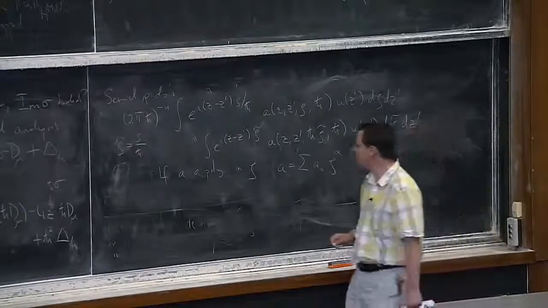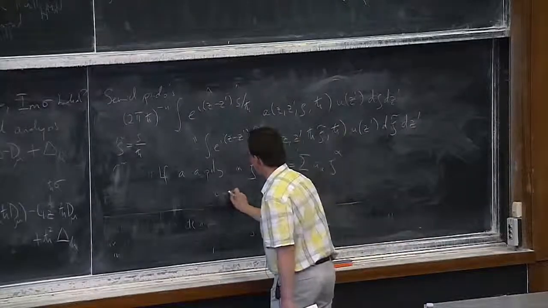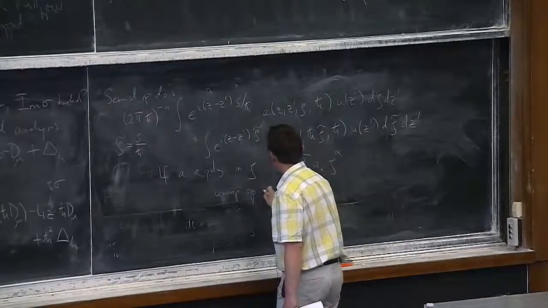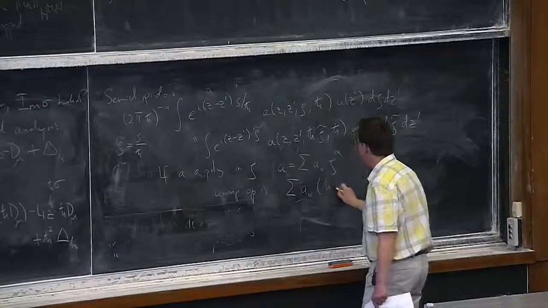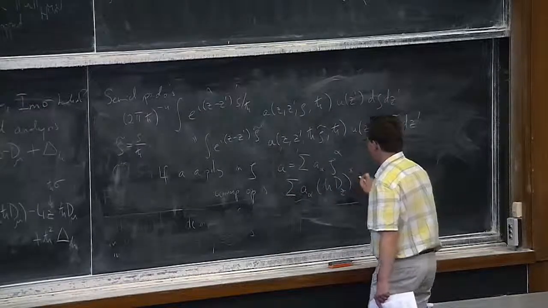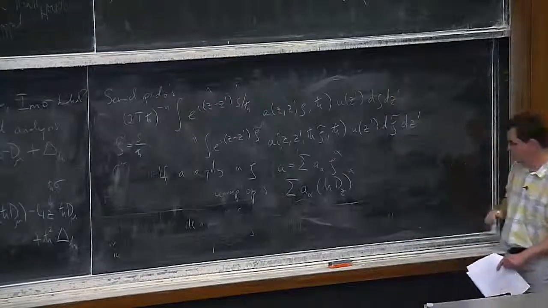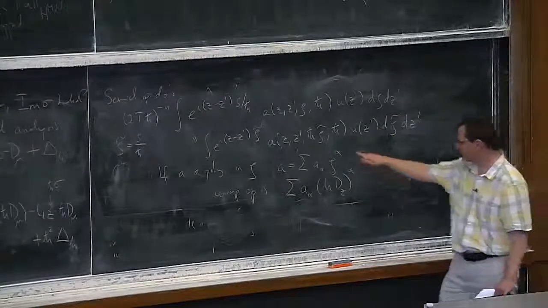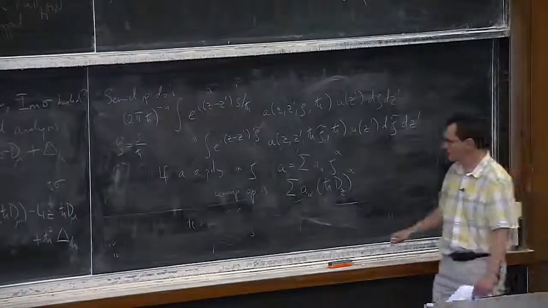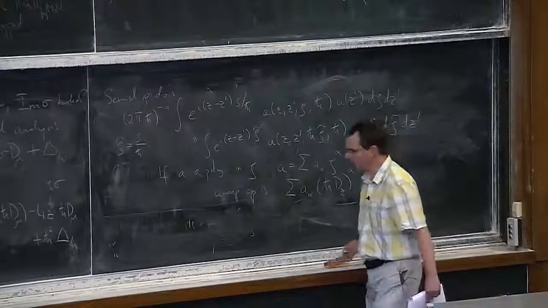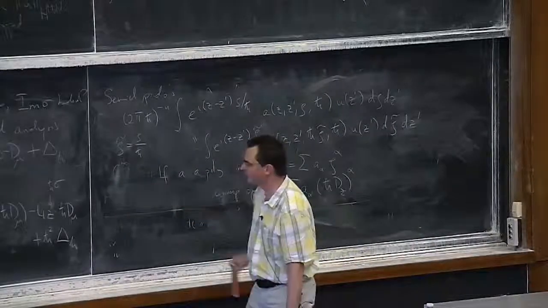What we see is that the corresponding operator is sum a alpha, and it's going to h dz to the alpha. Okay, so that's the h bar here. So that's the semi-classical version. And so what we see here is exactly a semi-classical pseudodifferential operator.